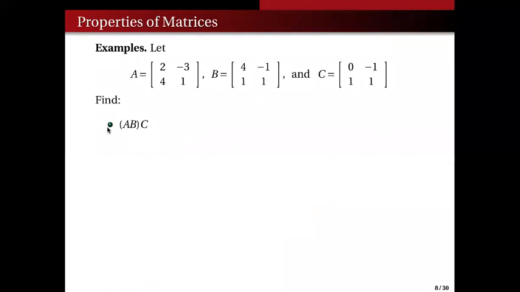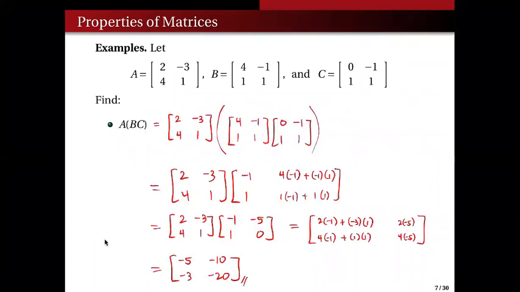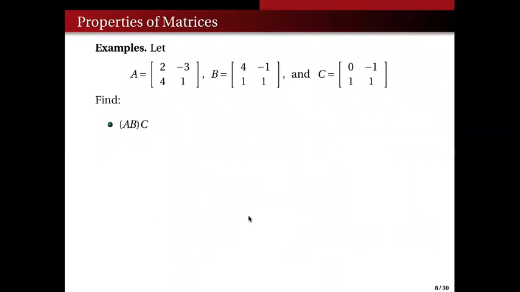And then I want you to verify that if you started with AB first and then multiply BC, you should get this same answer. Okay? You already have the value for AB from the previous example, so you can just copy that. Well, at the beginning, of course, you copy all these matrices. Okay? So let me do that. You have here matrix A, 2, -3, 4, 1. Multiply this to 4, -1, 1, 1.